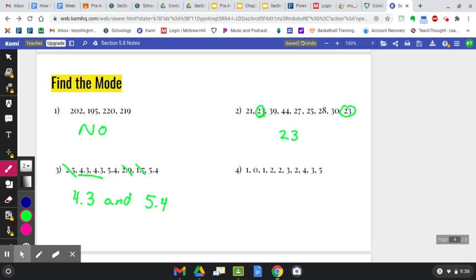So here, if I look at number 4, 0 only occurs once. 1, I have 2 of them. But look here, 2, there's 1, 2, 3. So 2 would be the most frequent here, because even though 1 occurs twice, it doesn't occur the most. 3 occurs twice, but that's not the most. 2 occurs 3 times.